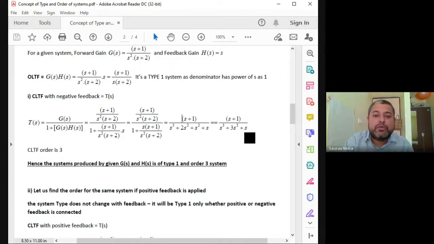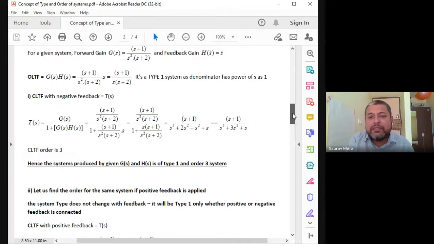So in this case, the closed loop system transfer function has S cube, so it's a third order system, but GSHS was giving me S plus 1 divided by S into S plus 2. As there was one separate pole at the origin, S raised to 1, this system is a type 1 system. So we have done 3 examples so far.